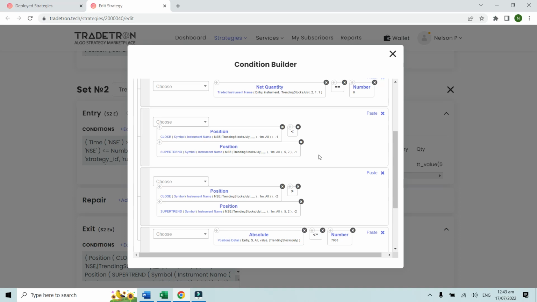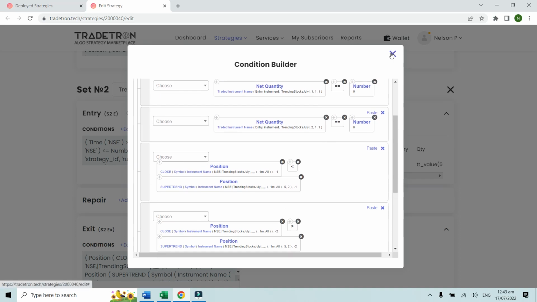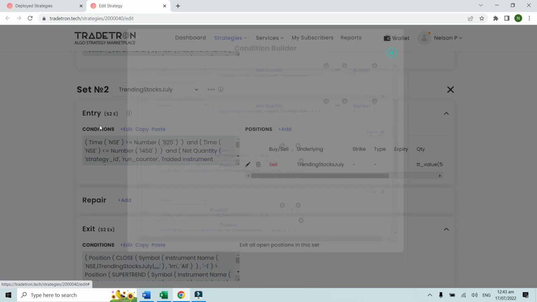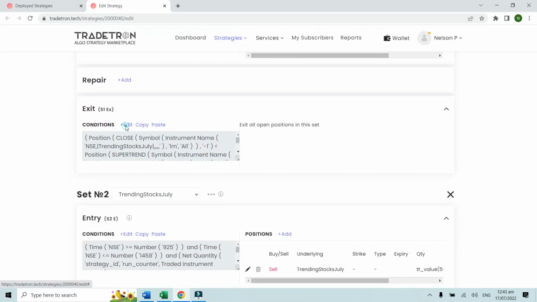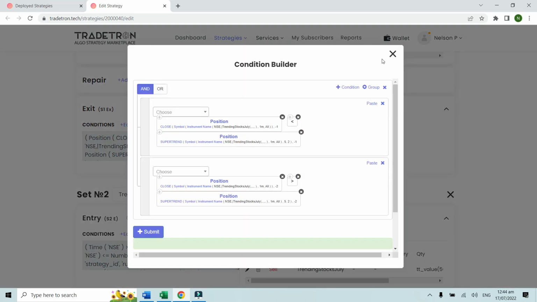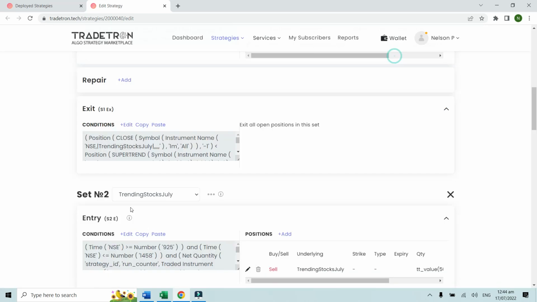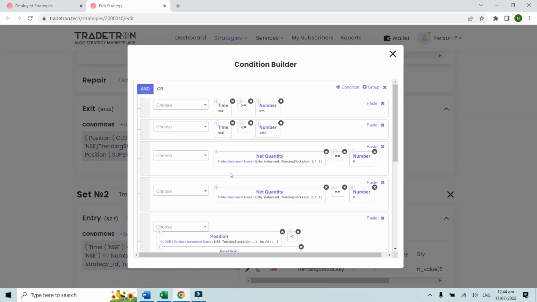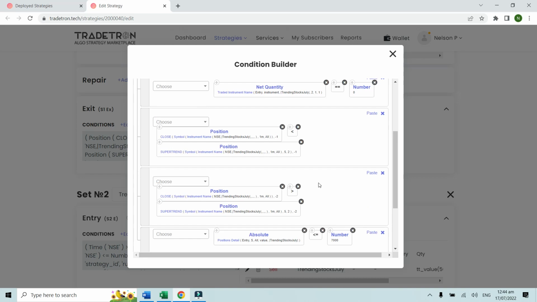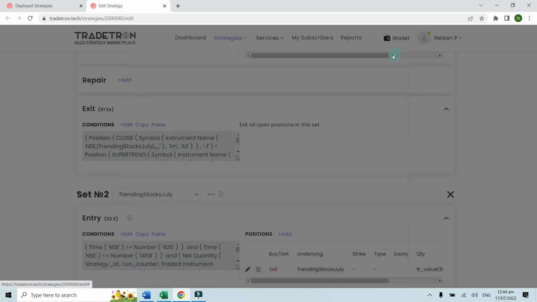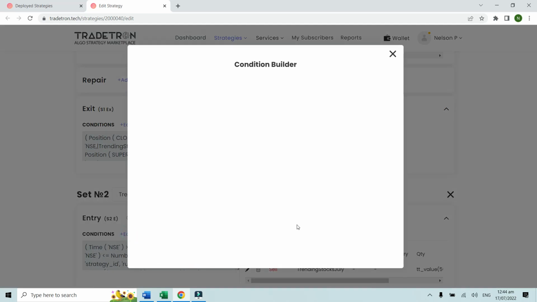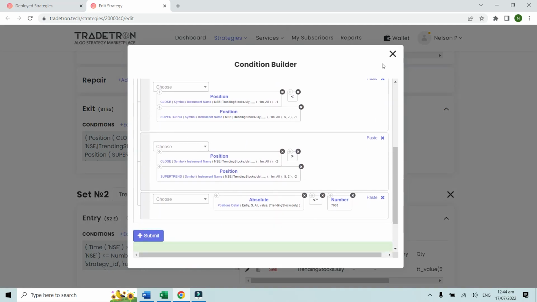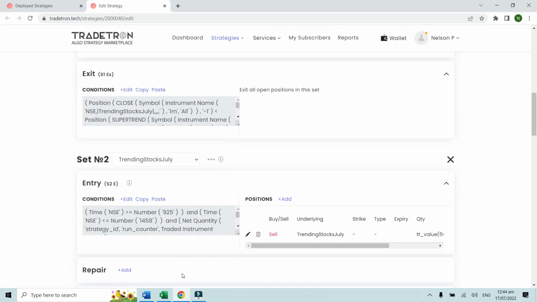Whenever there is an upside crossover, it will be buying the shares, and whenever there is a downside crossover, it will exit the bought position and take the short position. That's what it does in this case with this particular keyword. All right. So we will see the position detail on the short side later on, but first of all let us see the trades that it has taken.